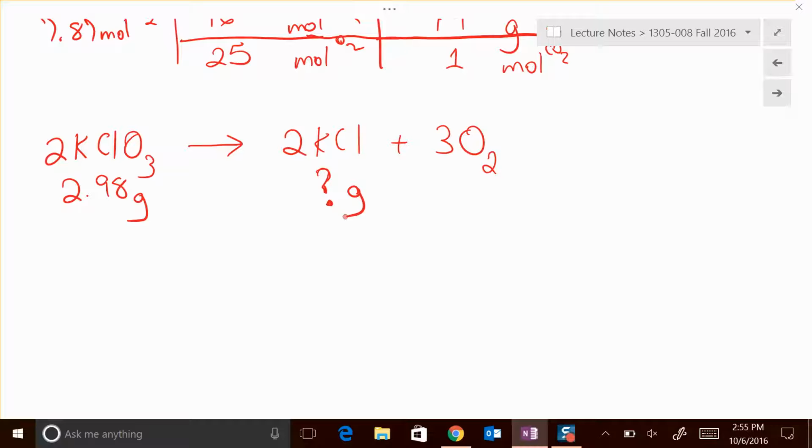Okay. Well, first, I can't go from grams to grams, right? Not directly. Yeah, you need to go to moles. So how do I go from grams to moles? So you do grams to moles, to moles, to grams.